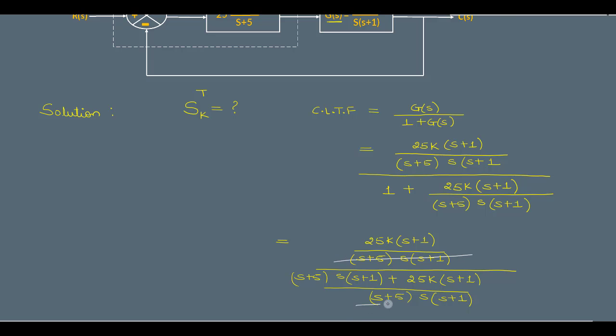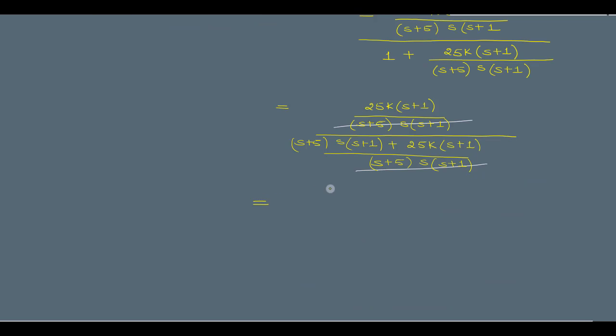So I can cancel these two terms. So we will get 25K into S plus 1 upon S into S plus 1 into S plus 5 plus 25K into S plus 1.